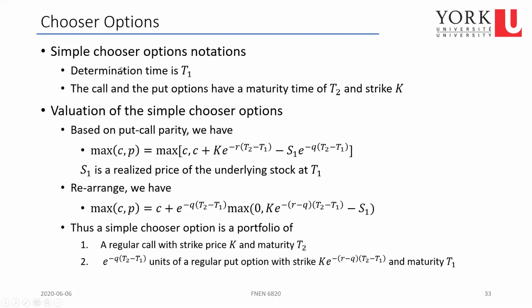So we have turned a simple chooser option into a portfolio of two options: a regular call with strike K and maturity T2, and this number of units of a put option with this particular strike and maturity time T1. Because we know all those parameters, we can simply plug in and use the Black-Scholes formula to calculate the chooser option.